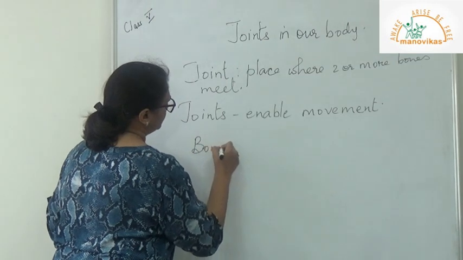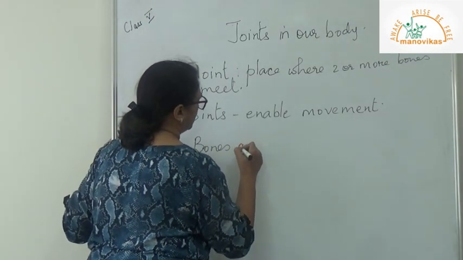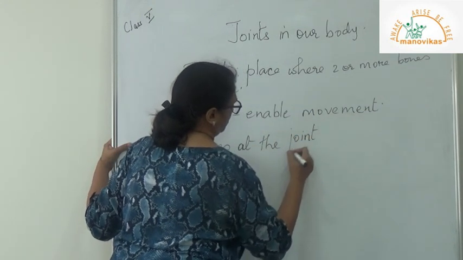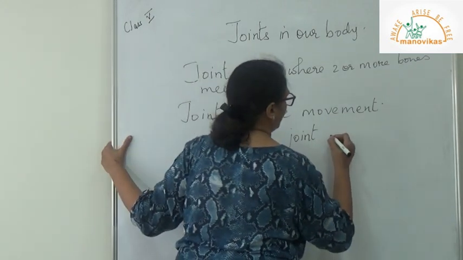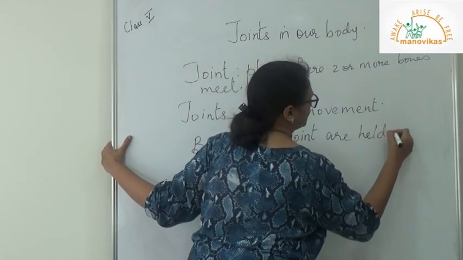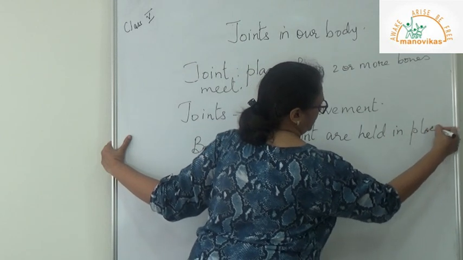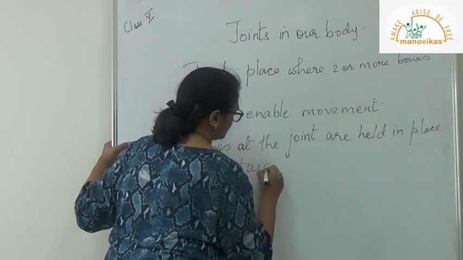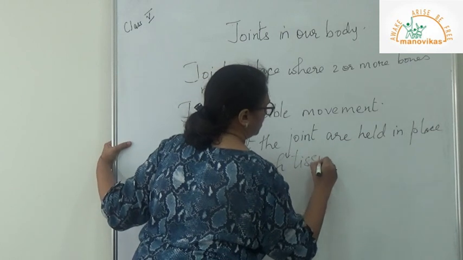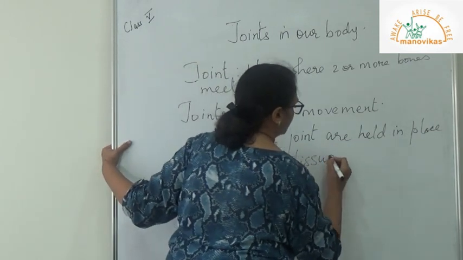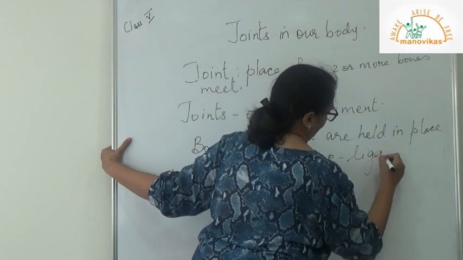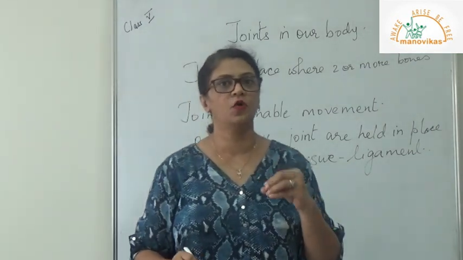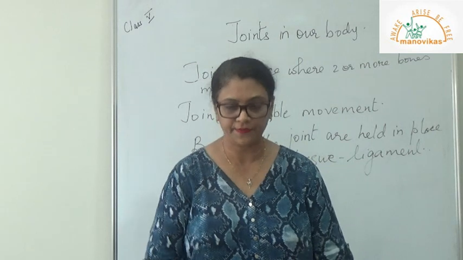Bones at the joint are held in place by a tough tissue called the ligament. So the ligaments hold these bones together at the joint.